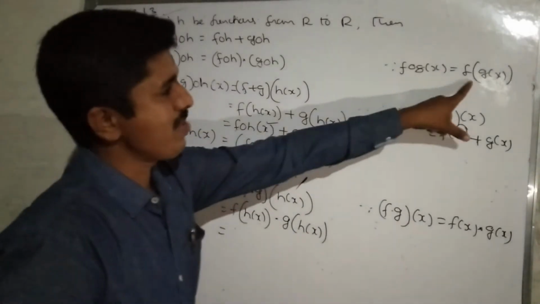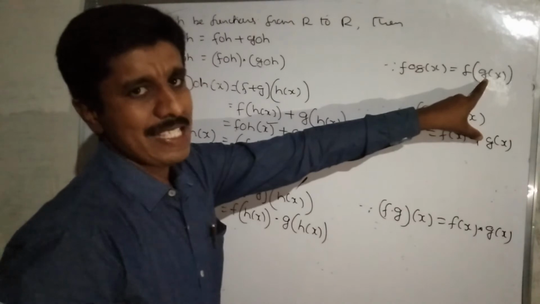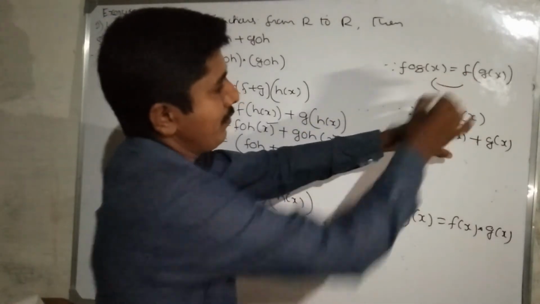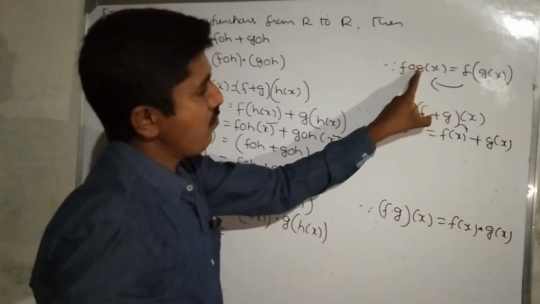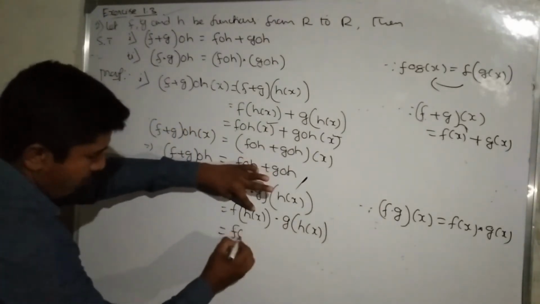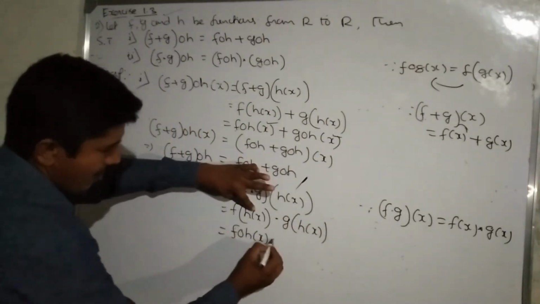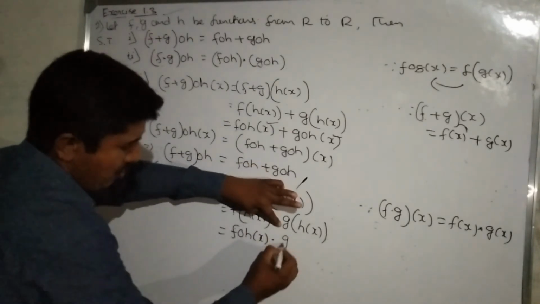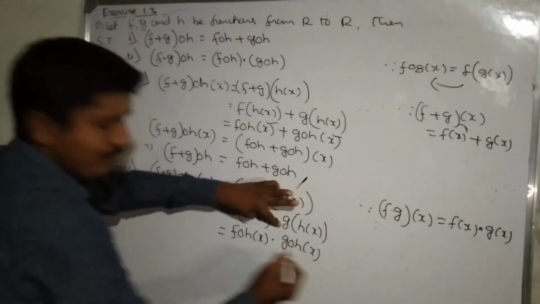Again, in reverse order, f of h of x can be written as (f∘h) of x, and g of h of x can be written as (g∘h) of x.